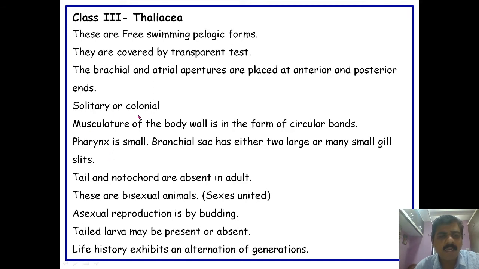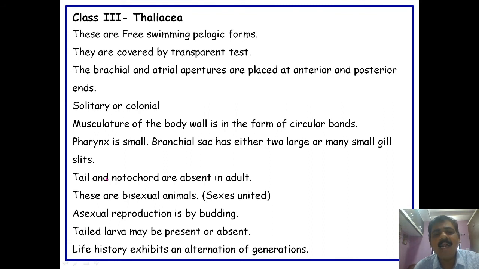They are solitary or colonial, and the musculature of the body wall is in the form of circular bands. The pharynx is small. The branchial sac has either two large or many small gill slits.